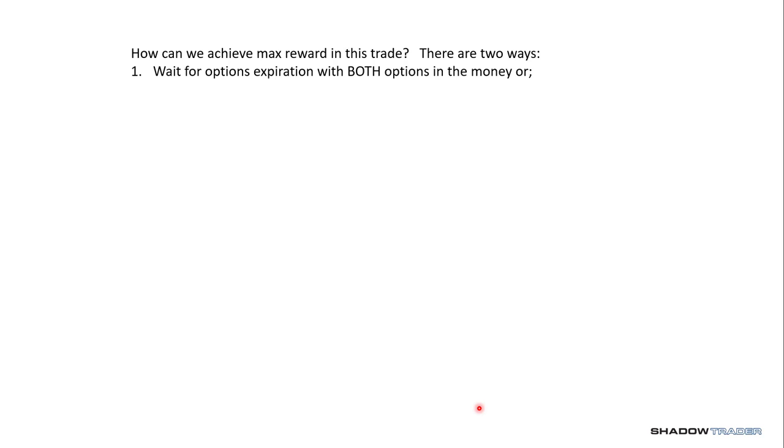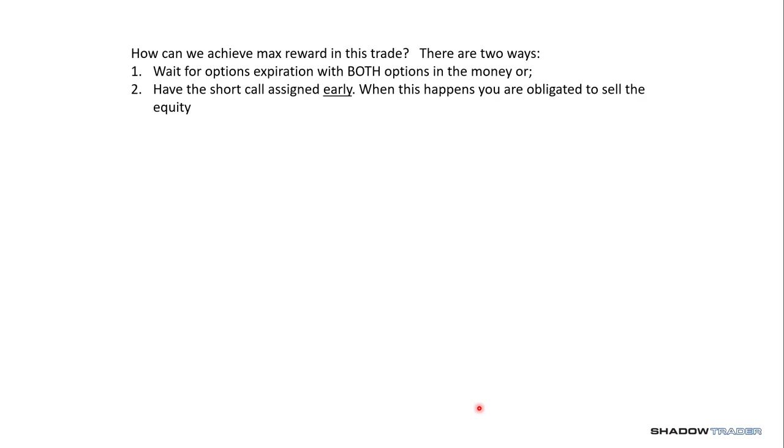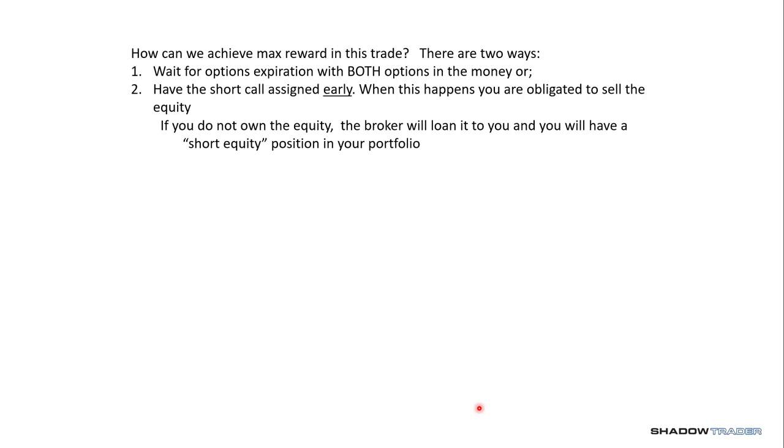Therefore, I make the $10 of maximum profit less my debit. Or the short call could be assigned, which means that somebody could say, hey, give me your stock at 210. When this happens, you are obligated to sell the equity at the 210 price, but you own it or have the right to buy it at 200.